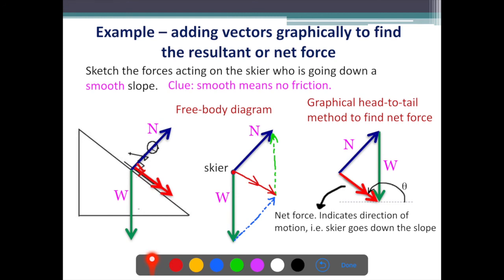Okay, so this is another way, but this parallelogram rule works only if you have two forces involved and you want to get the resultant force. If you have more than two forces, like three forces or more, then you have to draw using the head to tail method to find the net force.